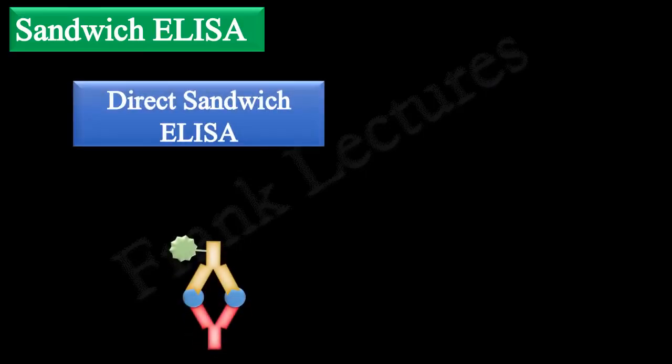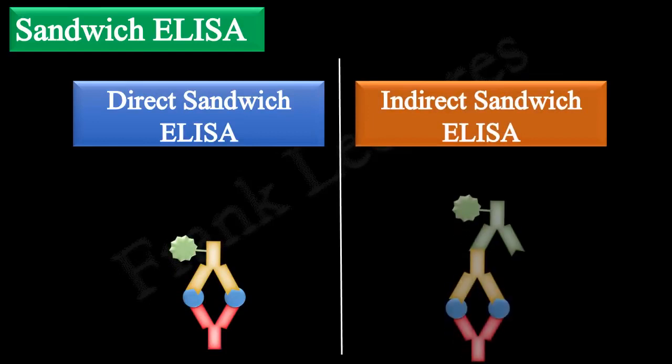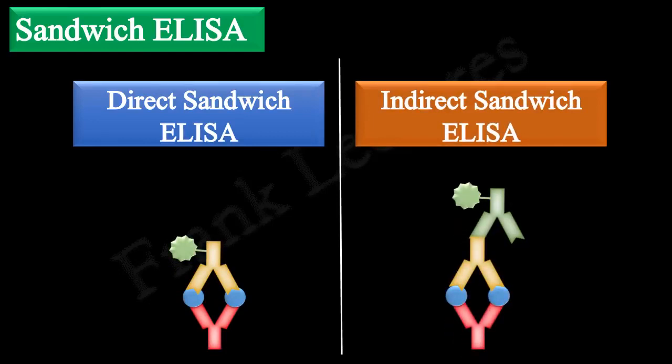Sandwich ELISA can be further divided into two types: direct sandwich ELISA and indirect sandwich ELISA. This classification is based on whether the enzyme-linked antibody is directly or indirectly detecting the antigen.